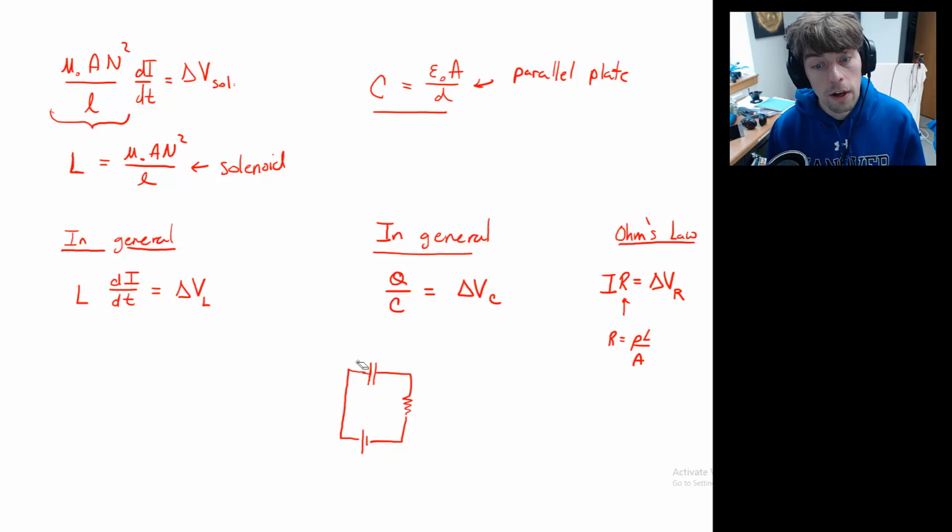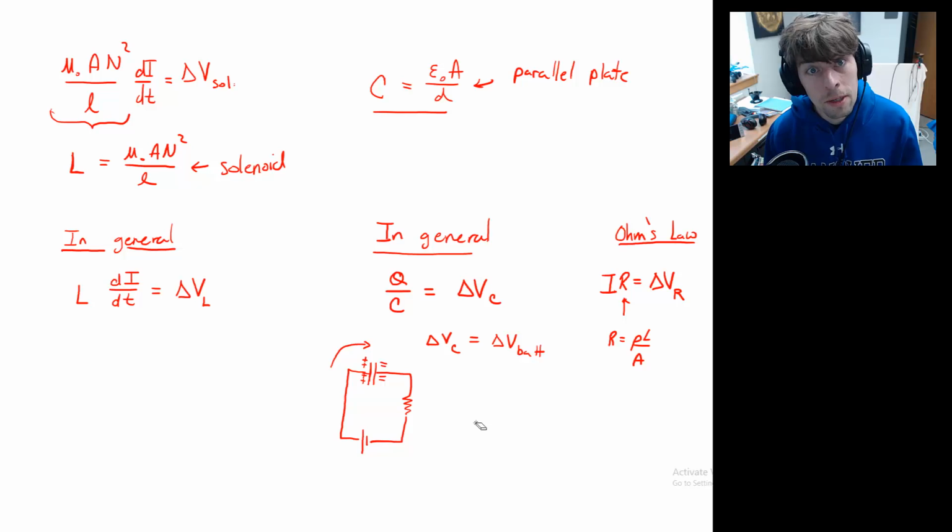We conceptually thought of additional charge being dumped onto one plate of the capacitor and pushing charge off of the other plate so that one side becomes high, positive charges, and the other side becomes low, negative charges. Or maybe I should say absence of positive charges. And this process continues until the drop across the capacitor was equal to the potential of the battery. So there's some sort of limiting behavior.